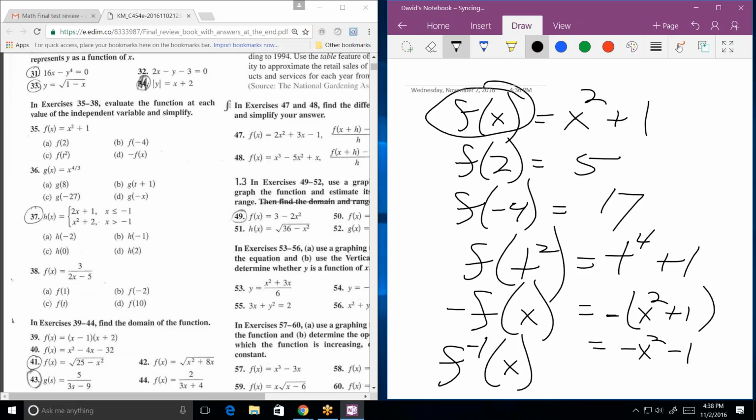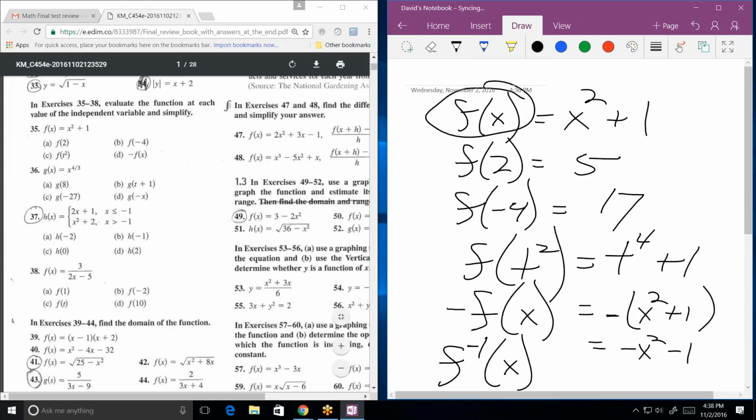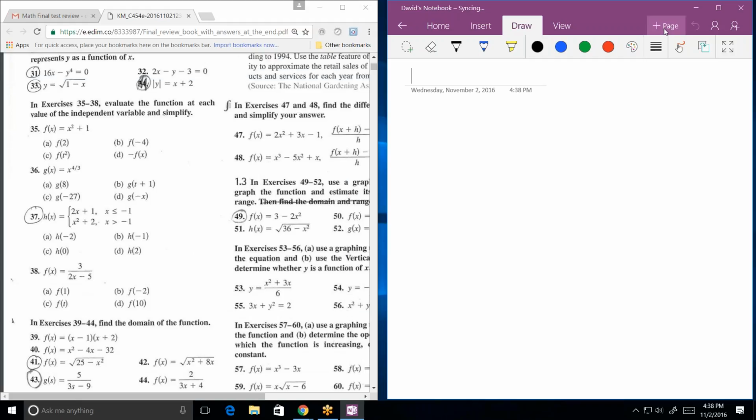Yeah, and inverse is completely different, actually, as to how you come up with the inverse. You switch the variables and solve for y. Let's look at 36. The function is x to the 4/3.